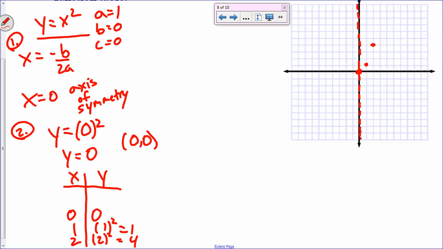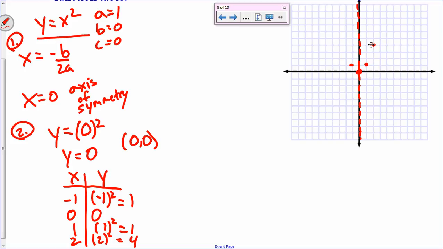Using the idea of an axis of symmetry, if we went 1 to the right and there was a point up 1, then if we go 1 to the left, there should also be a point up 1. So there should be a point at negative 1, 1. What happens when we plug in negative 1? Negative 1 squared gives us 1. So that's accurate. There is a point at negative 1, 1.